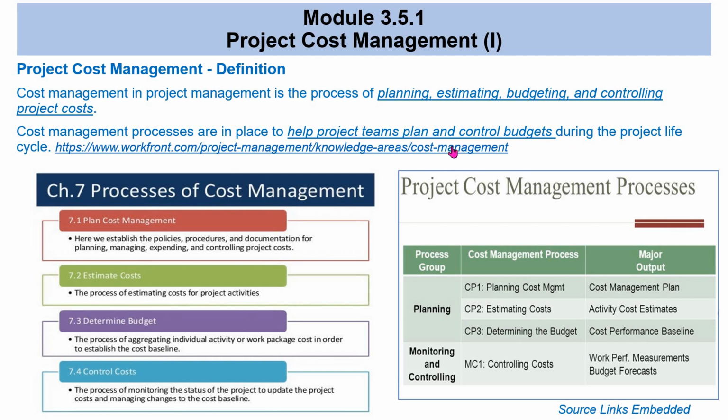And so doing cost management helps you a lot to plan and control budgets within the team during the life cycle. You can follow a number of steps: planning the cost itself, which is plan cost management, then estimating the cost, where you estimate for each activity what you're going to spend, and determining the budget, which is the overall aggregation of all the costs, putting them in the order you want.